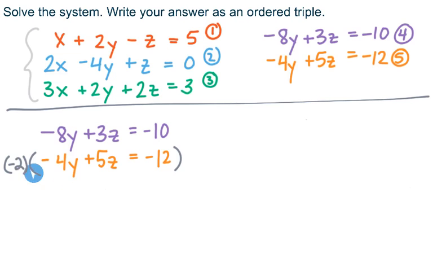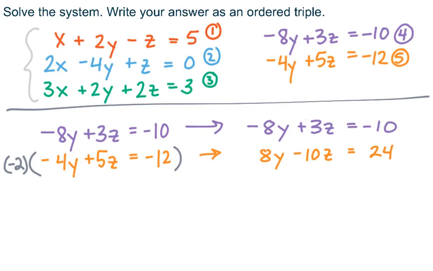Multiplying by negative 2 is going to make this a positive 8, and then we'll have opposite variables. So what that will look like is this. Negative 2 times negative 4 gives me positive 8. Negative 2 times 5 gives me negative 10z. Negative 2 times negative 12 gives me positive 24.